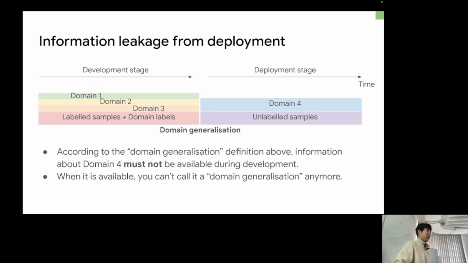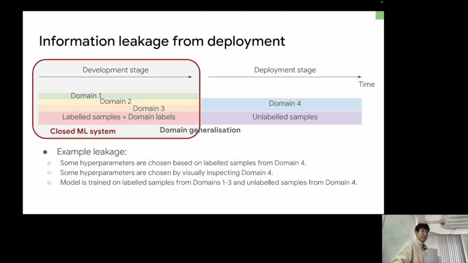And we define it in a way that if you see domain 4, then you can't really call this domain generalization anymore. That's the promise that we have. That's the rule of the game. So we have to treat the first development stage as a closed system where it's airtight. You're not allowed to include any further information from outside.